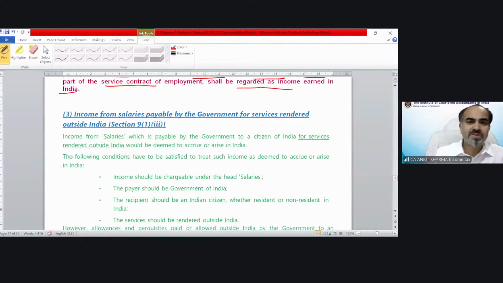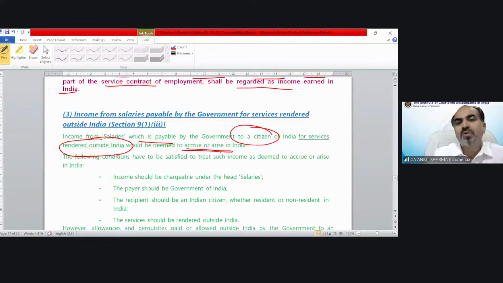Now, income from salary payable by government for services rendered outside India. Income from salary which is payable by government to a citizen of India for services rendered outside India would be deemed to accrue or arise in India. So what it says is, suppose you are receiving salary from the central government.